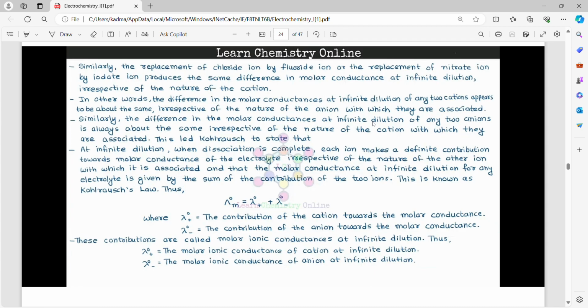This led Kohlrausch to state that at infinite dilution, when dissociation is complete, each ion makes a definite contribution towards the molar conductance of the electrolyte, irrespective of the nature of the other ion with which it is associated, and that the molar conductance at infinite dilution of any electrolyte is given by the sum of the contributions of the two ions. This is known as Kohlrausch's law. Thus, Λ₀m = λ₀+ + λ₀−.